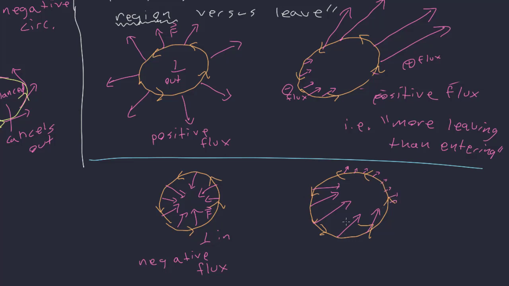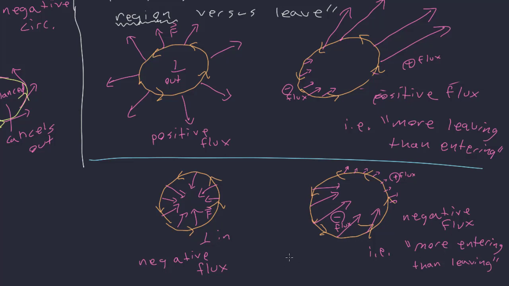This would be another example of negative flux. We have definitely negative flux on this side, but very small positive flux on this side. So the overall difference would be a negative flux. In other words, more entering the region than leaving.